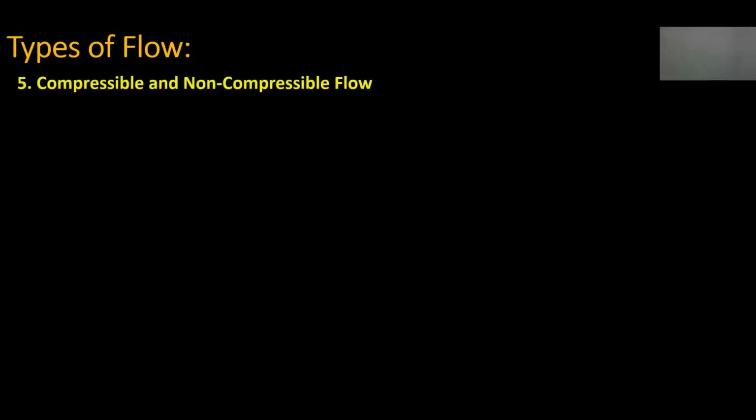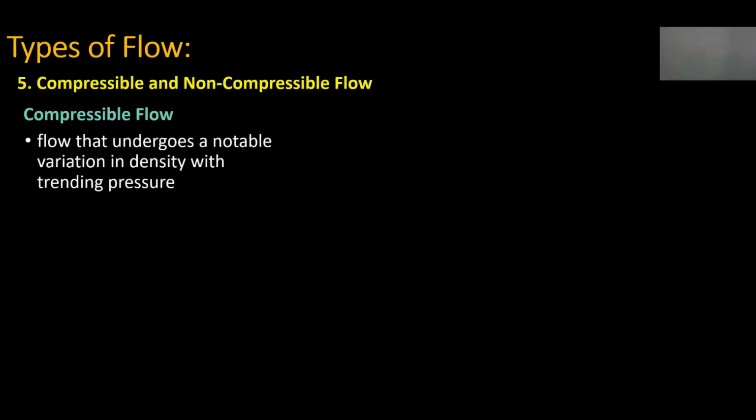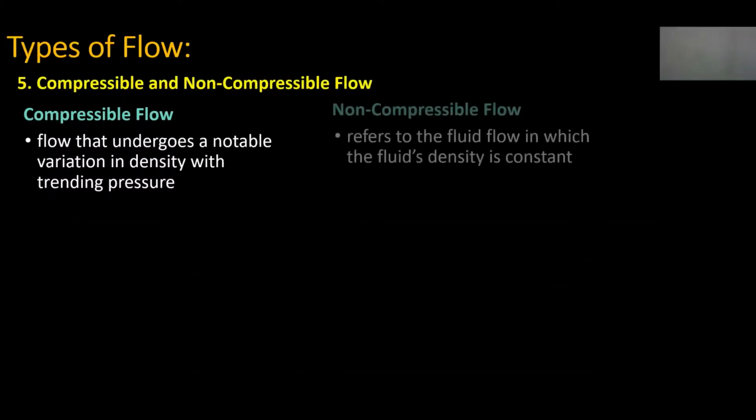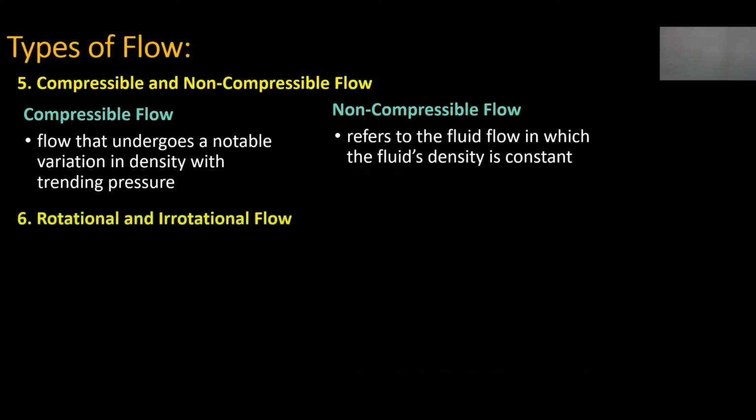Fifth is compressible and non-compressible flow. Compressible flow is flow that undergoes a notable variation in density with changing pressure, while non-compressible flow refers to the fluid flow in which the fluid's density is constant. Sixth is rotational and irrotational flow.